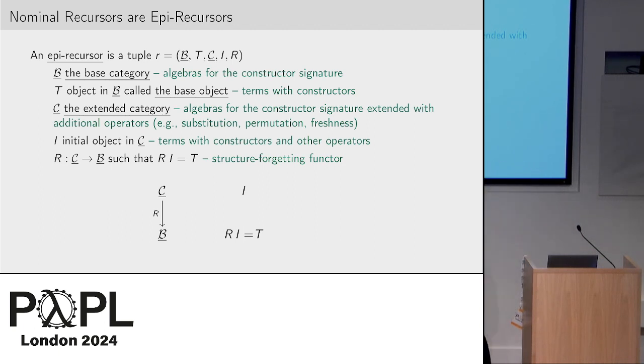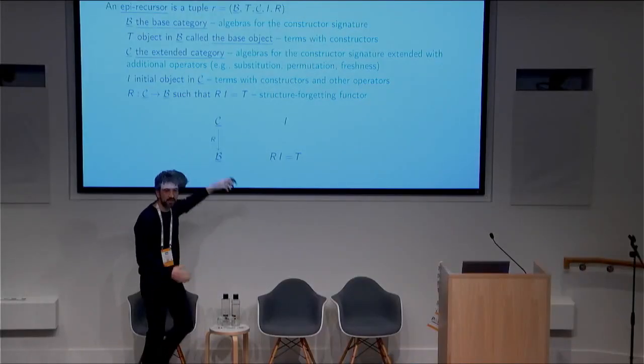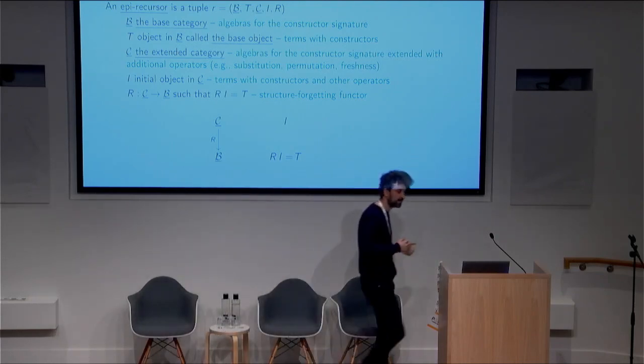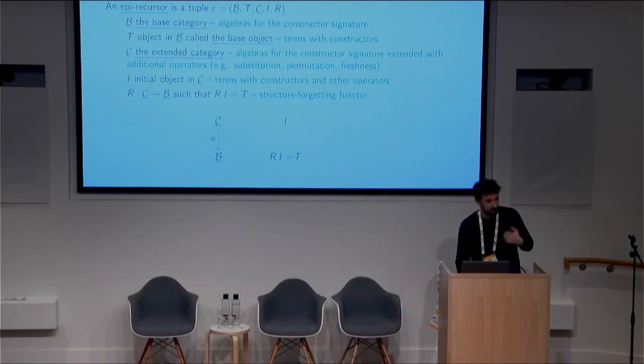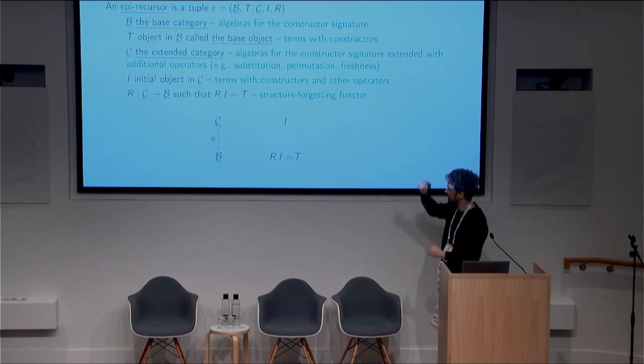So we have this base category, which corresponds to the usual notion of terms, or whatever syntactic binding we consider, with their constructors. And we have the extension with additional operators that are specific to the particular recursors. And what happens above is that this is where we prop recursion. So we help recursion from above.